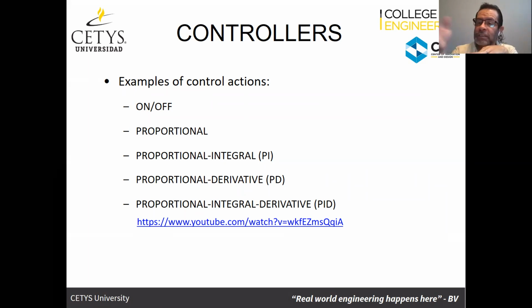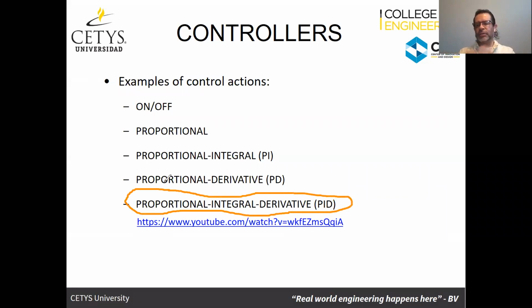So each of these constants, the proportional, integral, and derivative constants or parameters, do a specific action in the system, and manipulating them can generate specific results that we want in the system. In the end, what we're really going to be talking about is this one, which is a PID controller, which integrates all of the control actions that we need. And these are called control actions, okay?